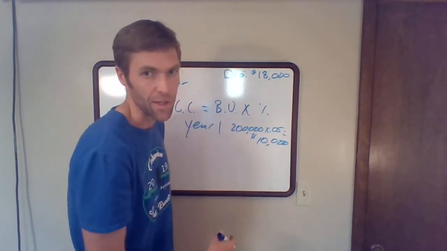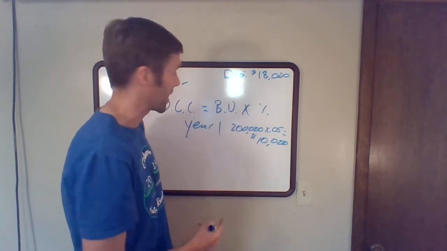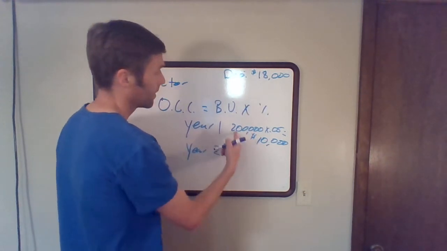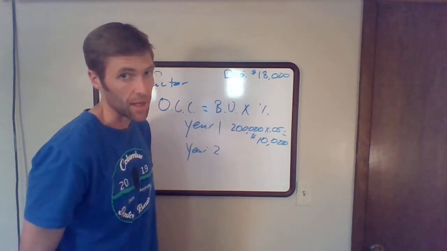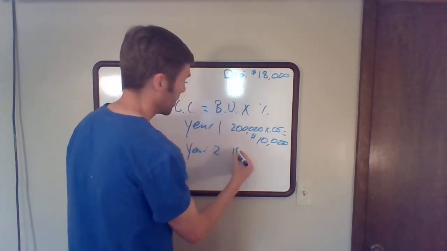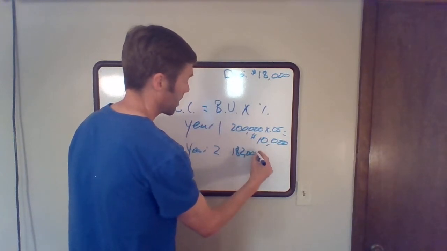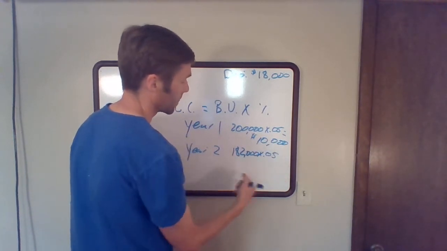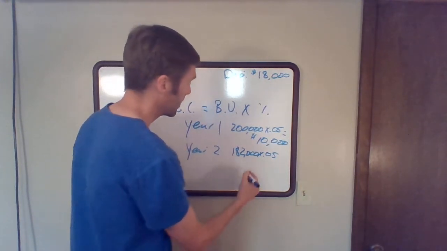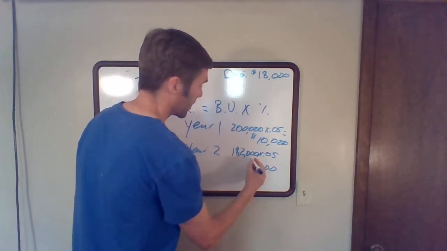I think I said $5,000 before. Excuse me, it's $10,000. In year two, the tractor's not worth $200,000 anymore. It's $182,000. 182,000 times 5%. We can do that pretty fast. 18,200 divided by 2 is $9,100.